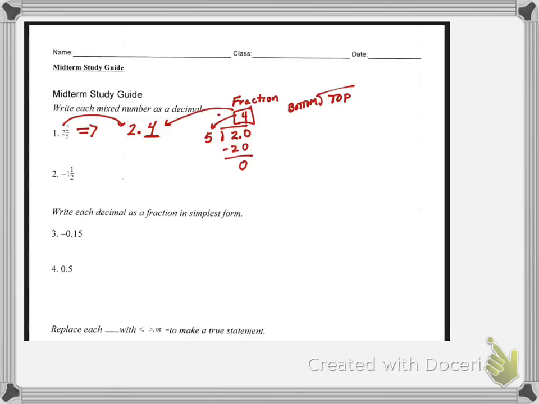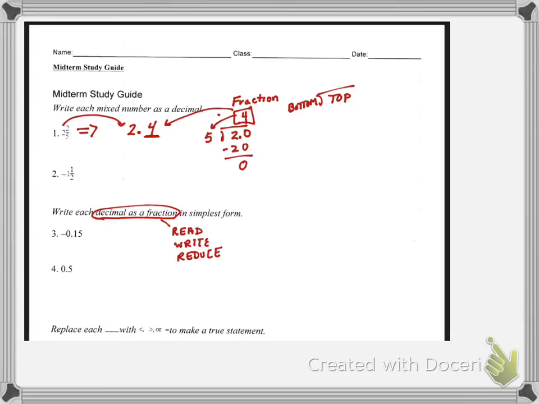For number 3, you're writing each decimal as a fraction. For decimal to a fraction, we follow the examples of read, write, reduce. We read the decimal as it's intended to be read, not as our habit.